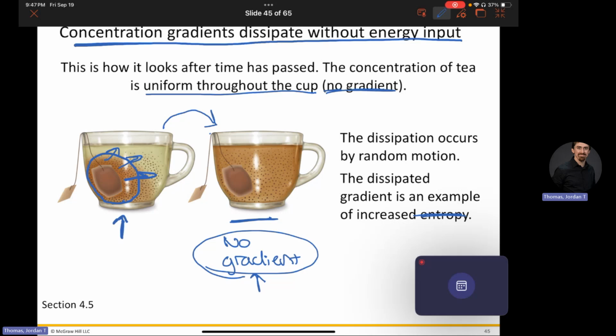Another example, and a classic example that I like to use, is say in your classroom, someone in the corner of the room sprays perfume or cologne. Sprays a good amount. In the beginning, if you're on the other corner of the room, you're not going to smell it. But after a while, that perfume or cologne spreads out in the room. It's what's called diffusing, it spreads out, and then the whole room smells like that.